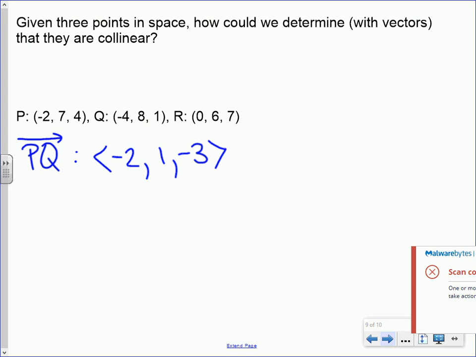What's the next vector you'd like to create? QP would not be an option. No. Okay. You need to create 2 vectors using all 3 points. Okay, so vector RQ. Q is the terminal point again, so -4 minus 0. -8 minus 6. And 1 minus 7.